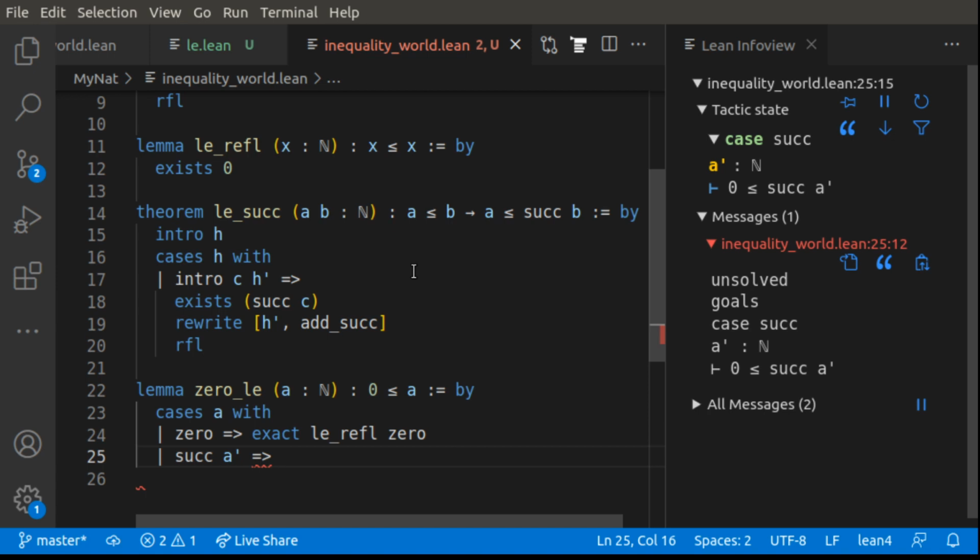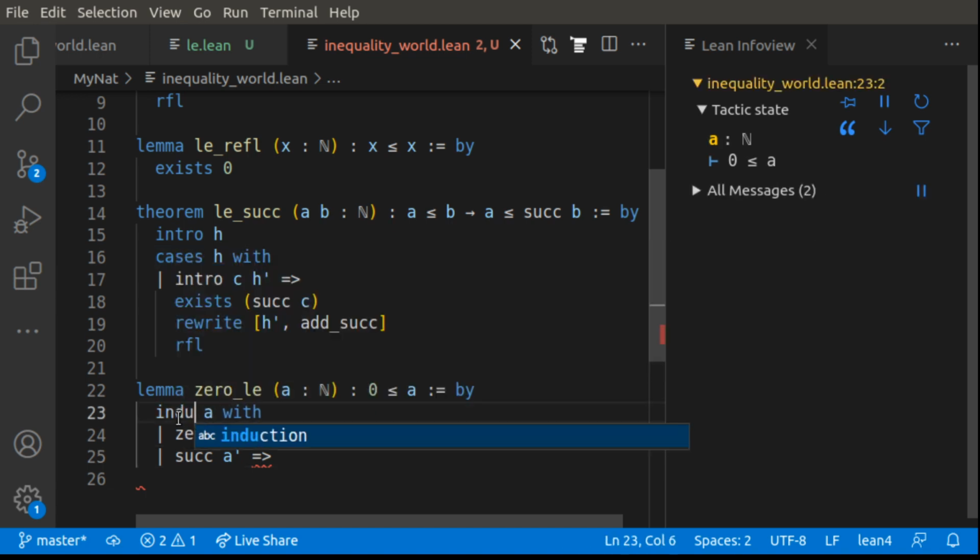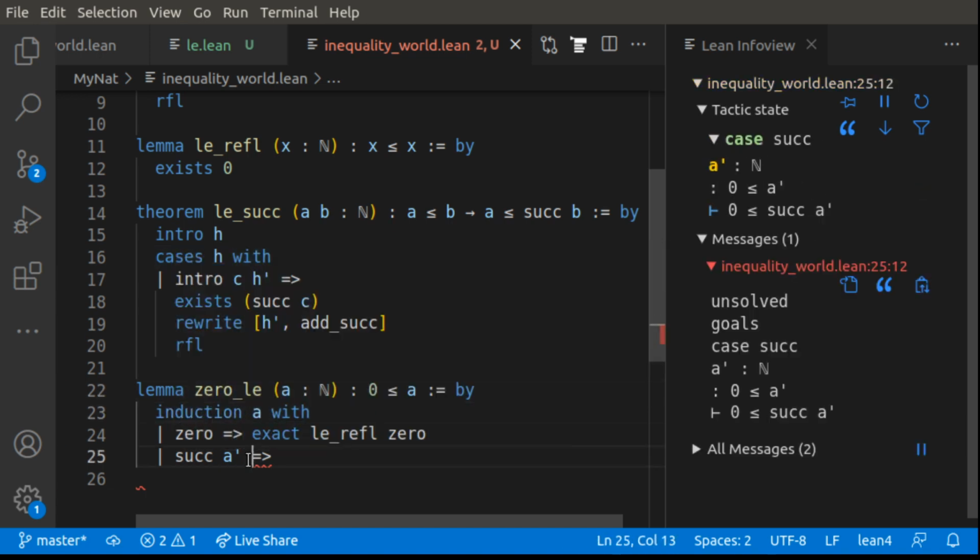So we know 0 is less than 0, less than or equal to 0, implies that 0 is less than or equal to successor of B. Maybe we could use induction actually. Instead of cases, induction A 0H. Okay, here we go. We want to do induction instead of just cases.